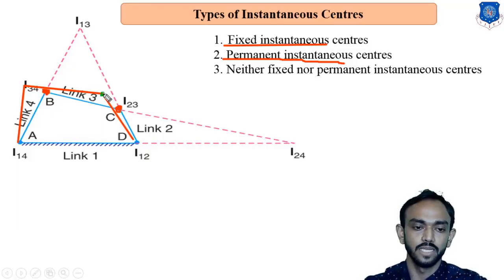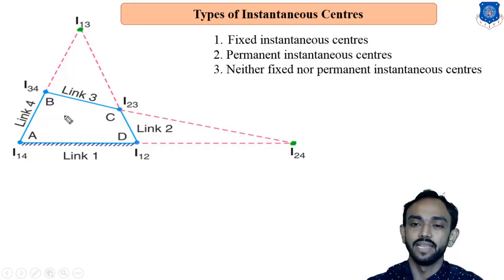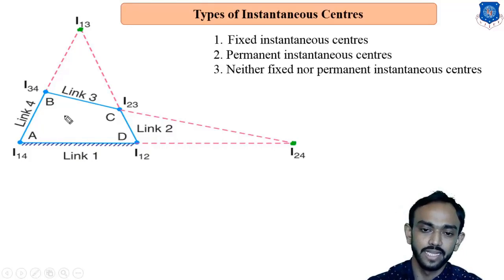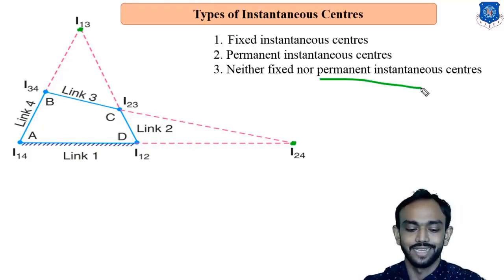The joint of these 2 links will always be an I center. That's why it is known as a permanent I center. But I13 and I24 are moving with respect to these links, so that's why it is known as neither a fixed nor a permanent I center.